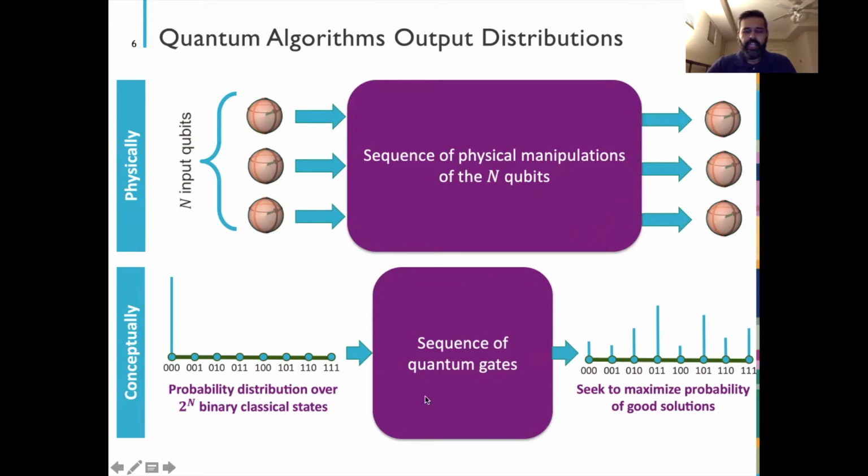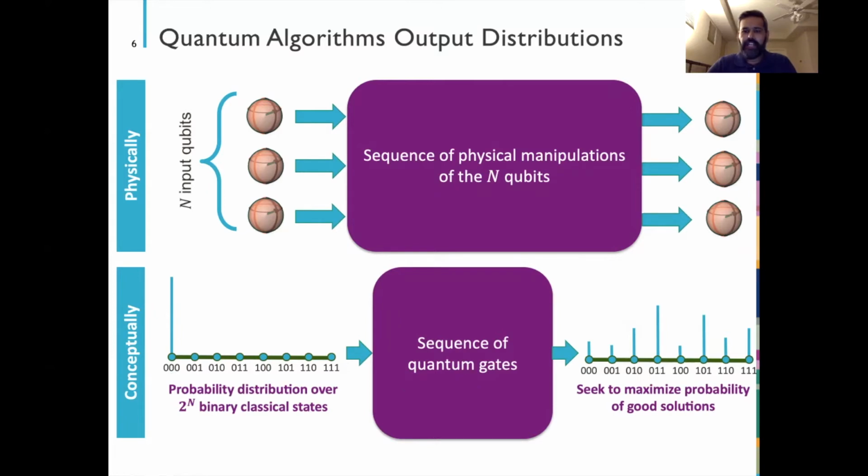And when we perform these operations, as mentioned, they're unitaries, so we will in fact end up with a unit vector at the end, and we can measure in the computational, the standard basis to get a single classical string out with some probability that's dictated by this unit vector. And so that's the idea. We want to take an initial probability distribution, usually with everything concentrated on the all zero string, and perform our quantum operations.